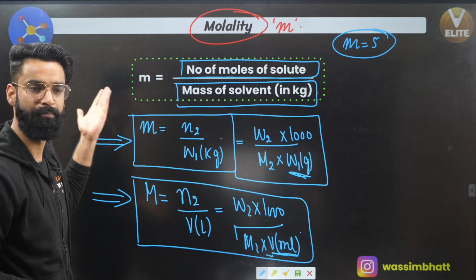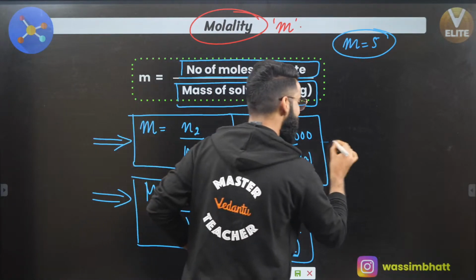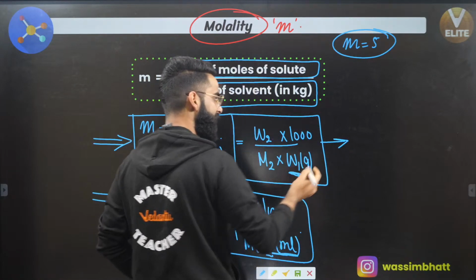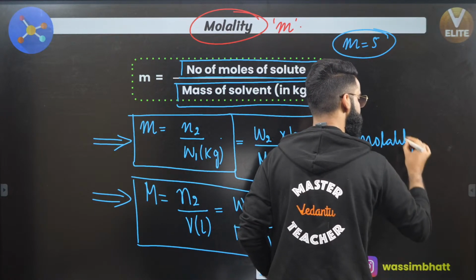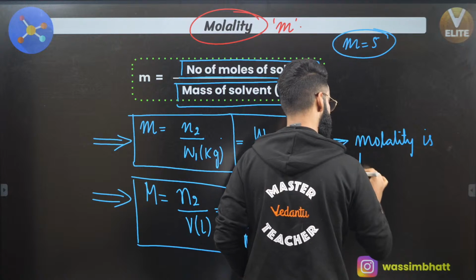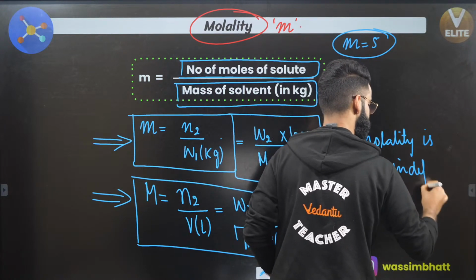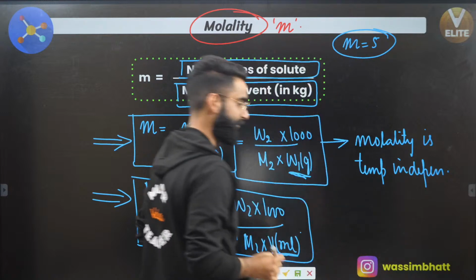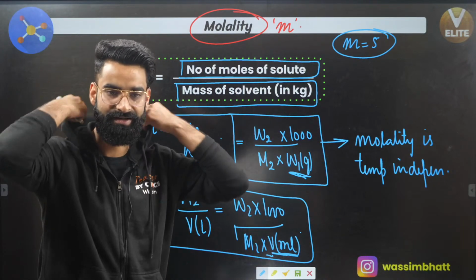So I can say molality is definitely going to be temperature independent, because molality does not depend on volume at all. So remember this statement as well: molality is temperature independent. It's one more important statement, whereas molarity is temperature dependent. Understand.